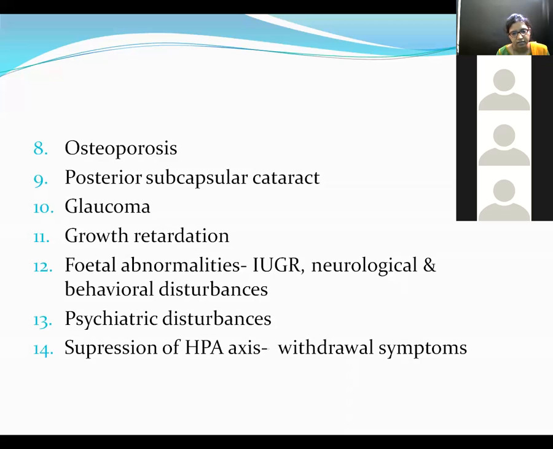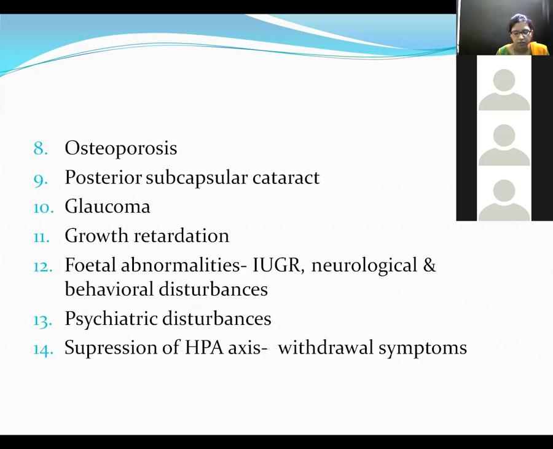Psychiatric disturbances, glucocorticoid leads to depression, mood suppression. Higher doses can lead to delirium. So psychological disturbances can occur with glucocorticoid. Suppression of the HPA axis, the hypothalamo-pituitary axis. The body synthesizes its own glucocorticoid by the adrenal glands.